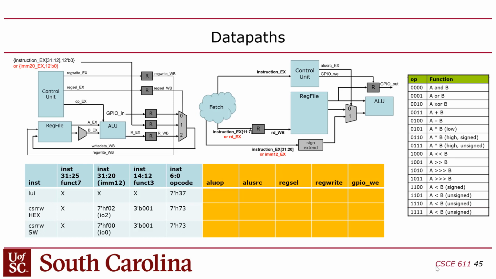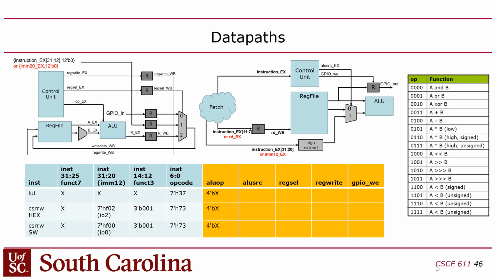Okay, this one is a little different. Load upper immediate, I don't care what the ALU op is, because as I mentioned, the load upper immediate uses this mux to bypass the ALU entirely. So you can just put X for that. You can actually put X into Verilog and it'll treat it as a don't care.